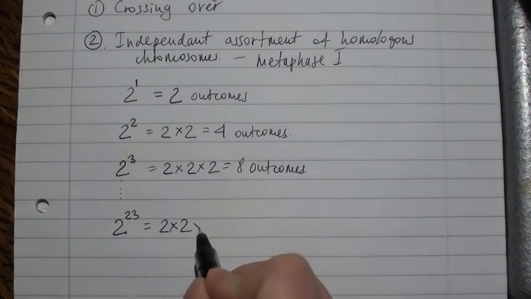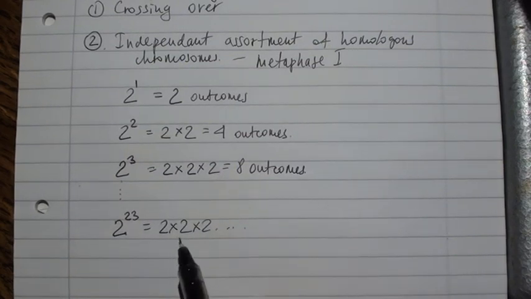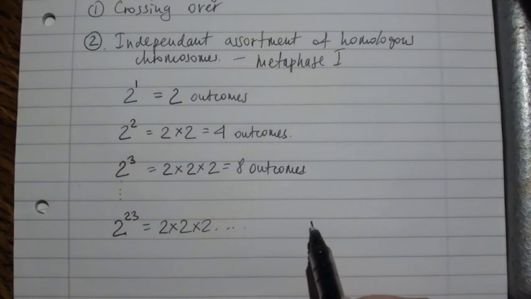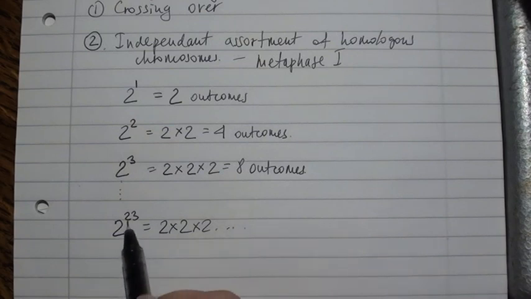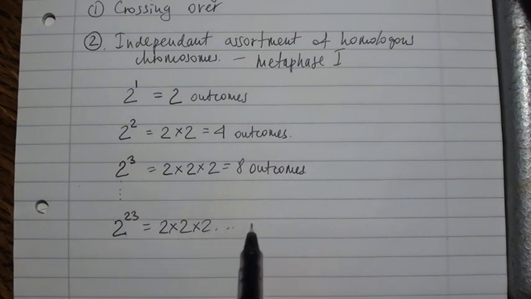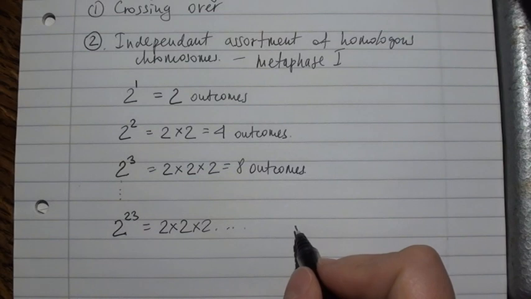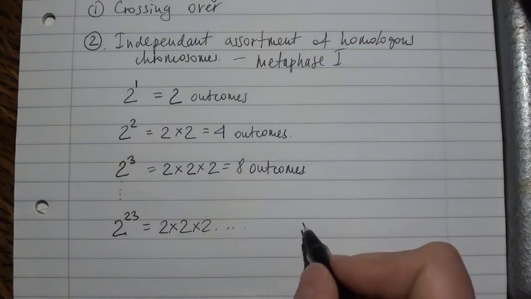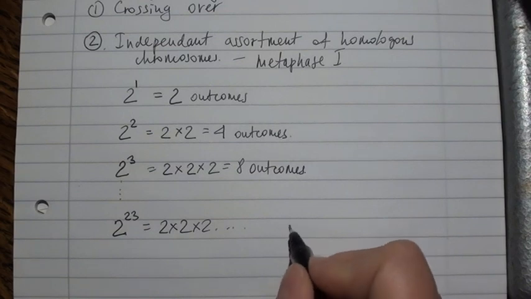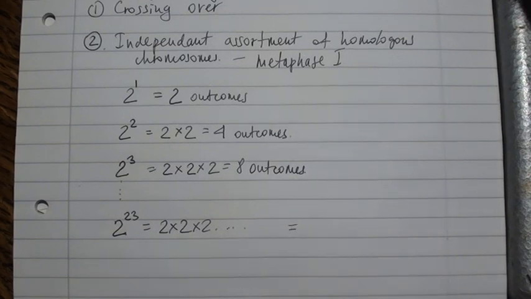So it's 2 by 2 by 2 by 2 by 2 by 2, and you do the same thing 23 times, right? So don't do 23 multiplied by 2. That's not going to be right. So it's 2 multiplied by itself 23 times. Okay, so pause now, have a go at calculating this number, and let's see if your number is going to be the same as my number.